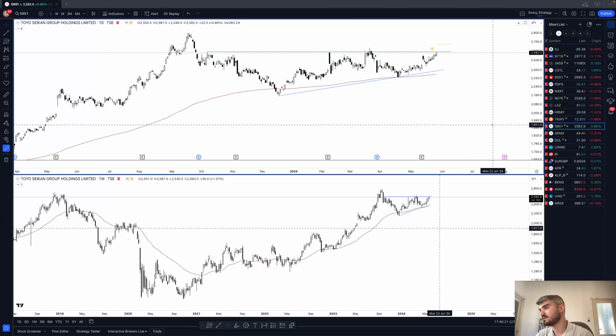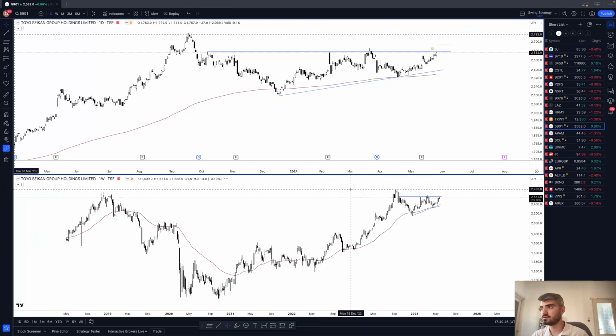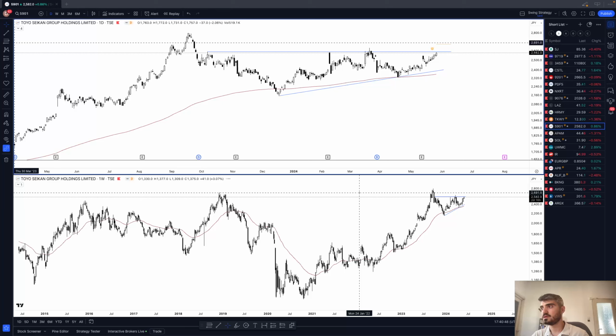Okay, another ascending triangle, and as a continuation pattern, the right angle triangle is more often appearing as a continuation pattern. So this is also a good and well-defined setup.